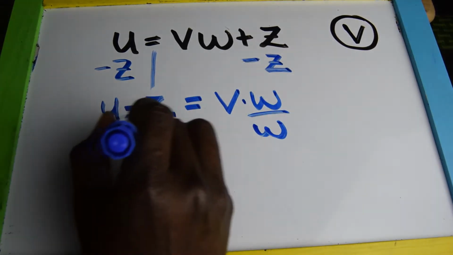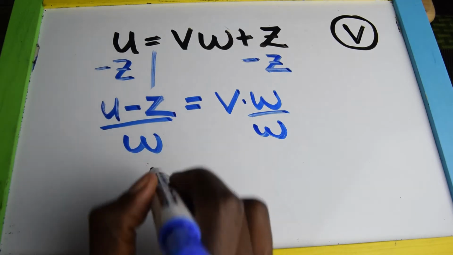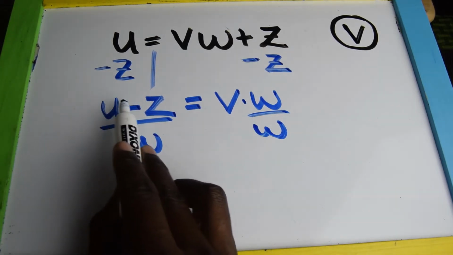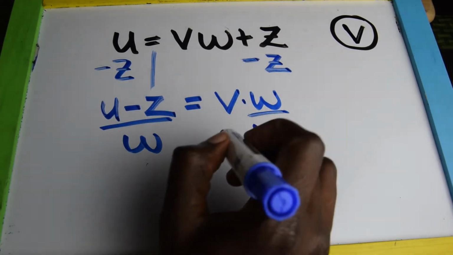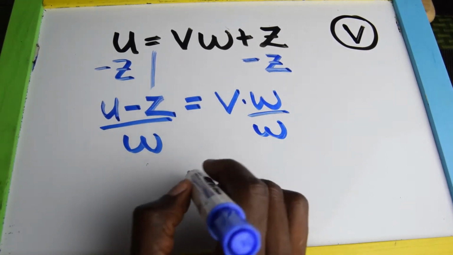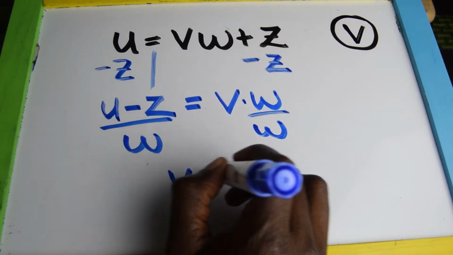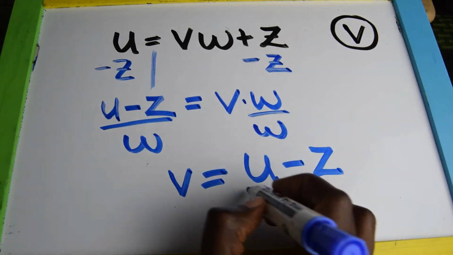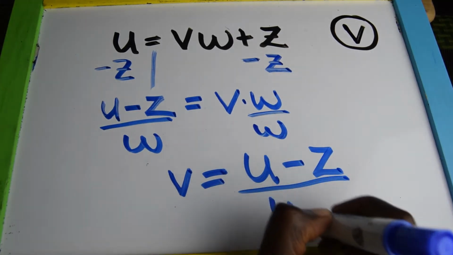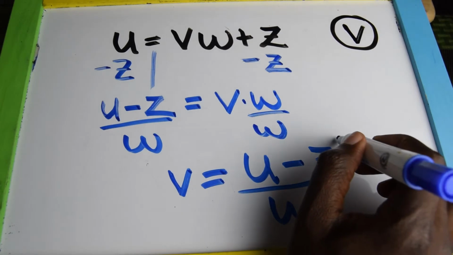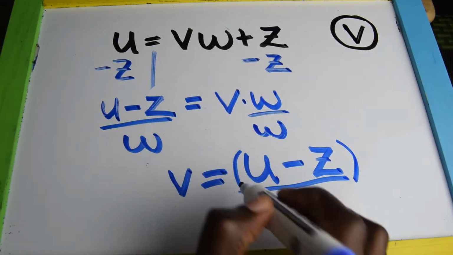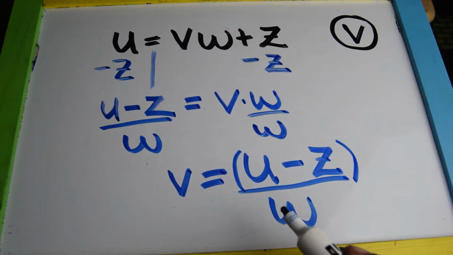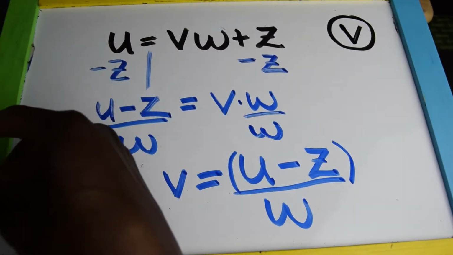So W divides both U and negative Z. So this cancels out and I have V equal to U minus Z all over W. And that is your solution. You can put parentheses if you like.